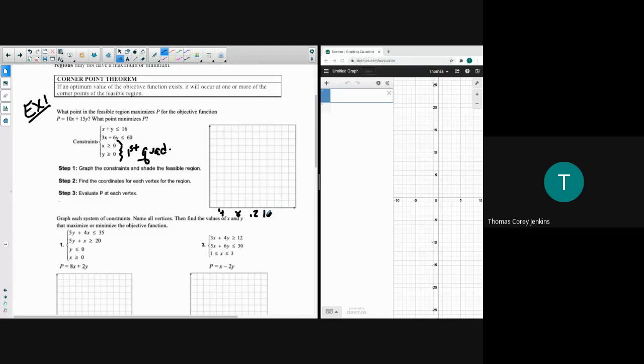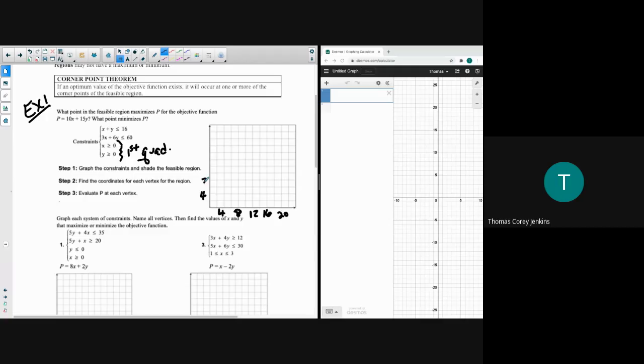16, 20. Sorry about the handwriting. We'll do the same thing here. Okay, now we're able to get these on the graph.